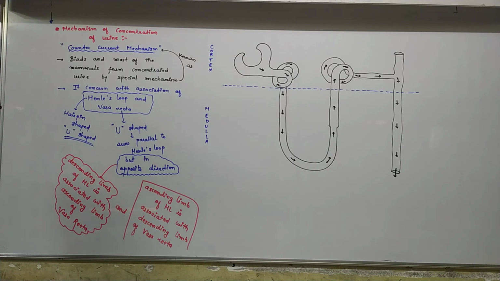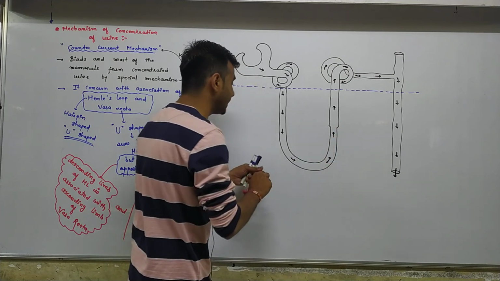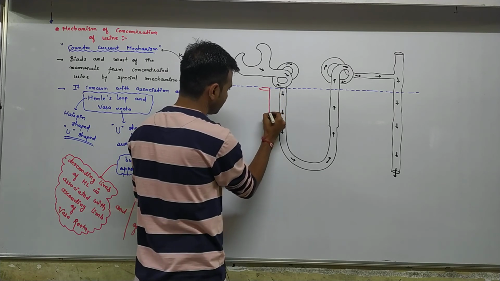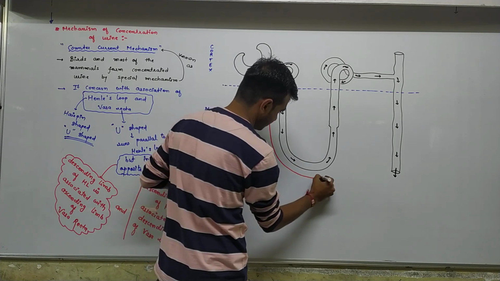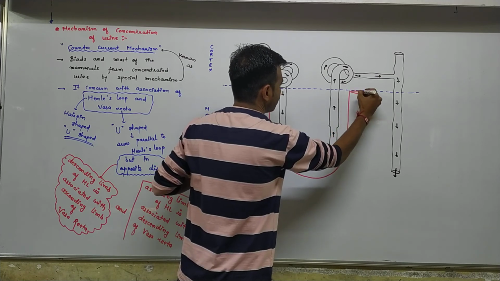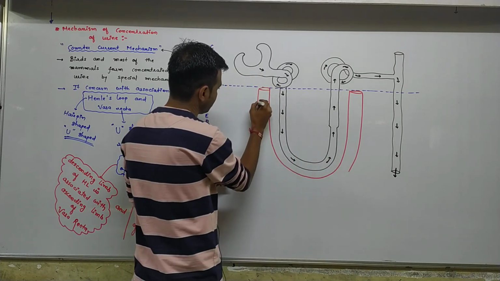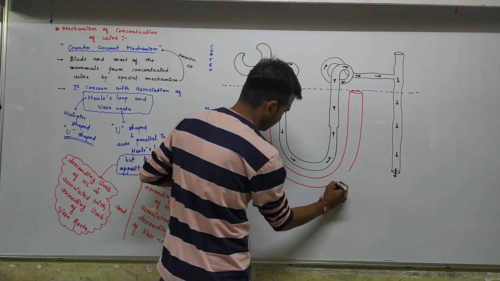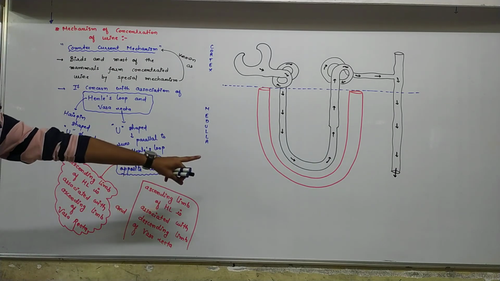But what I want to explain today, see, here parallel to the loop of Henle, I can draw the vasa recta. Yes. This is known as vasa recta.